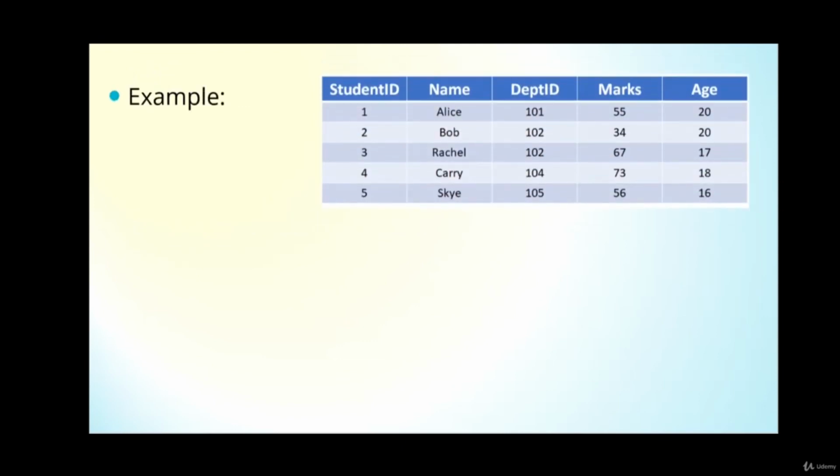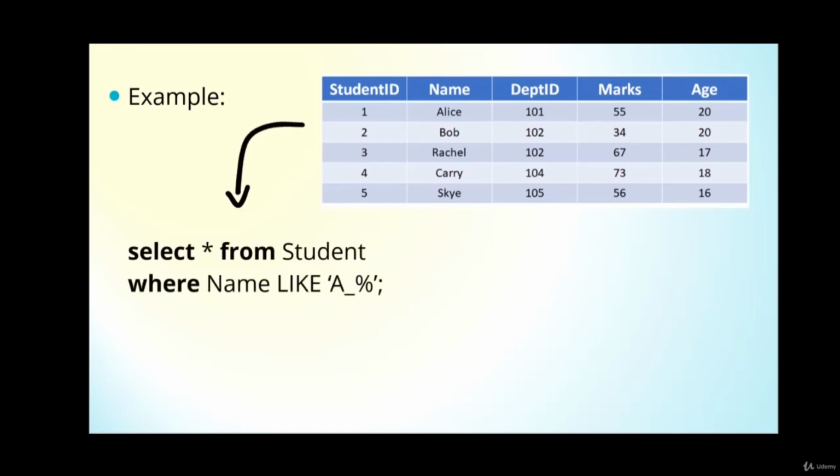For example, from this table, if I want to find the details of those students whose name begins with letter A, what I will write in that case is select star from student where name like 'A%'. The percentage sign is a wildcard character which is used to specify the beginning or ending of any word. In this case, since the percentage sign is written after A, it specifies that the word starts with A.